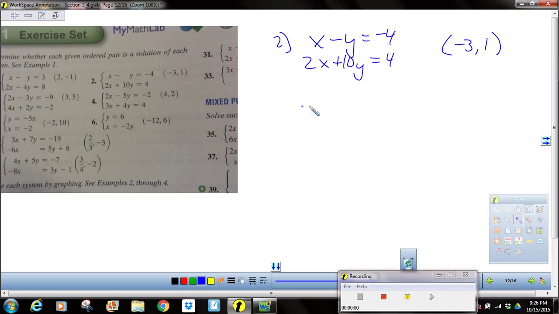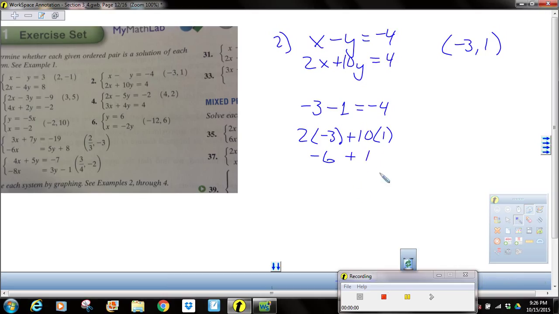X is negative 3 minus y, which is 1. That is true, it equals negative 4. 2 times negative 3 plus 10 times 1 would be negative 6 plus 10, and that... Guess my computer's getting tired.